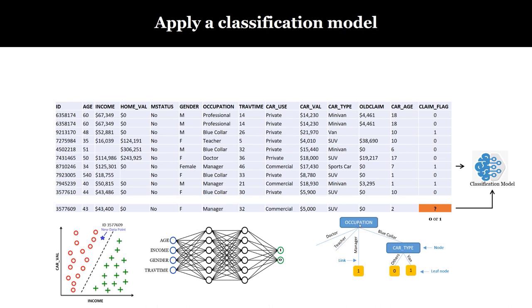But you notice that whenever we have the variable manager, we always have a decision as class 1. And this here, we call them nodes. These are links, and these are the leaf nodes, which is the class. So if you look at our data here, whenever the occupation is manager, the class is always 1.